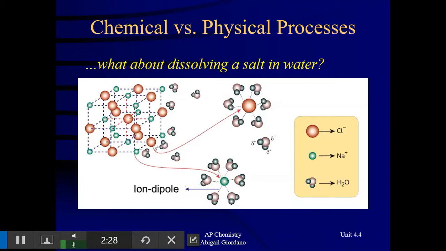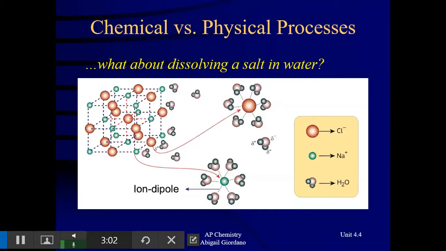We have seen this kind of diagram before where the ions separate from each other and each ion is surrounded by a sort of cage of water molecules. So this image should be review for you. You could say that the process of dissolving is a chemical process because those ionic bonds are being broken.